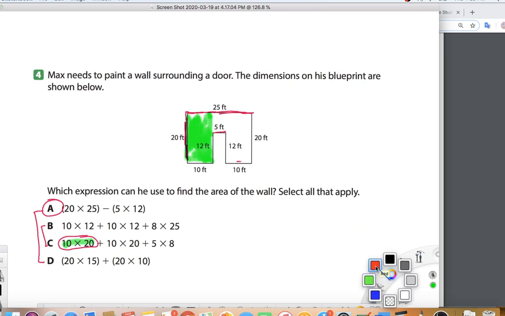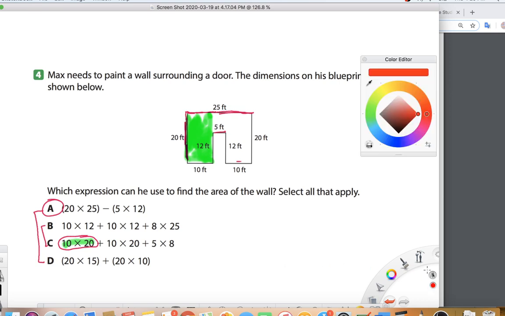Now let's do another color, a lighter color. The next one says 10 times 20, so it would cover this much area. And then our last one would cover this area, which would be 5 times 8.